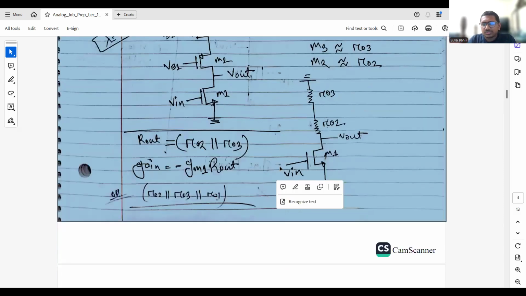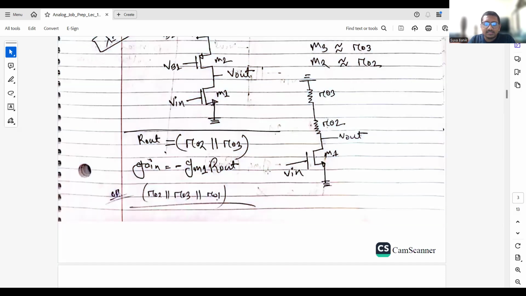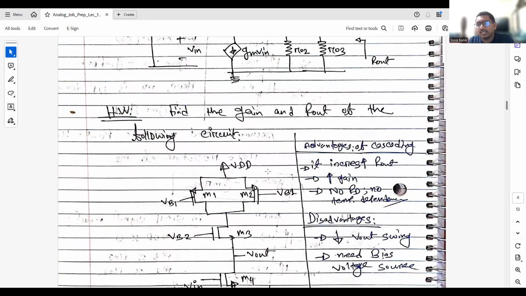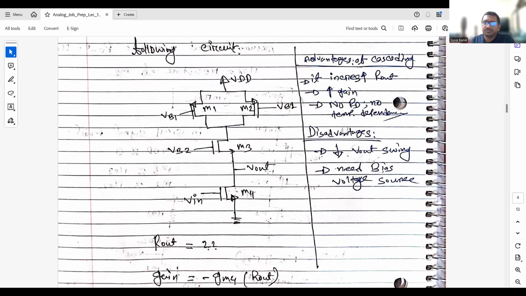There is also a term called the intrinsic gain of a transistor, which is nothing but the maximum gain. For example, if we replace RD with an active current source, then whatever gain we get from a common source amplifier is the maximum gain of a simple common source amplifier.